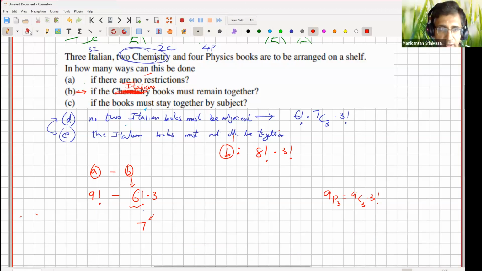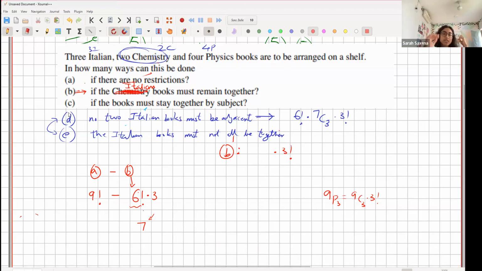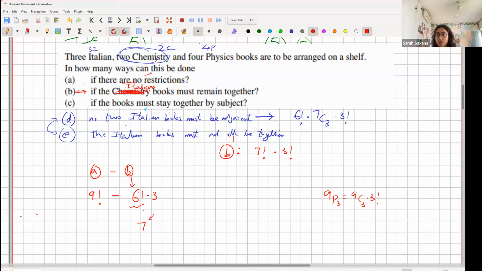So there's 2 chemistry and 2 physics books. These are just all different books. And then there's a block of Italian books. So 6 plus 1, 7 factorial ways they can be arranged. And then in that Italian block, it can be arranged in 3 factorial ways.